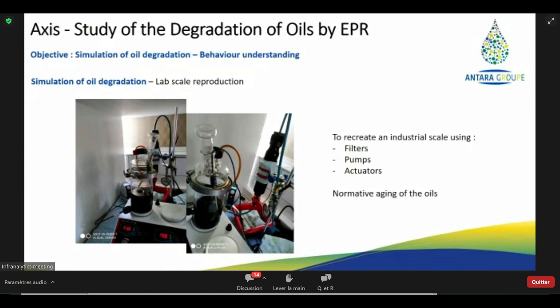To do this, we use filters, pumps, and actuators, and we degrade the oil following some normative and standardized process.